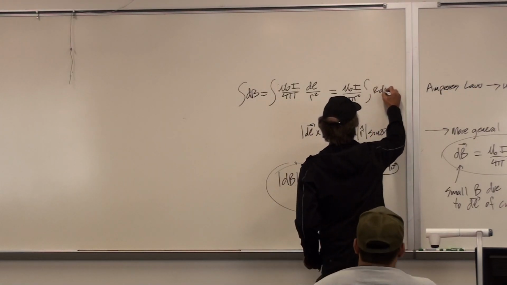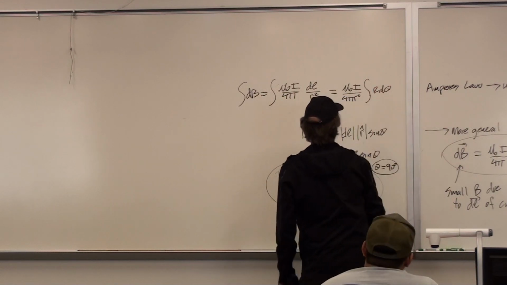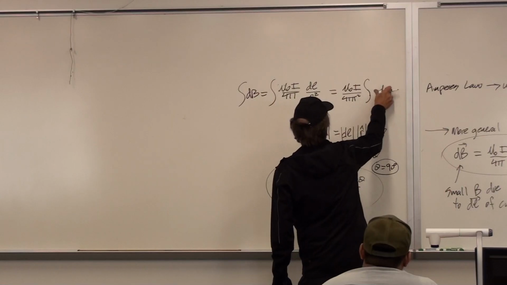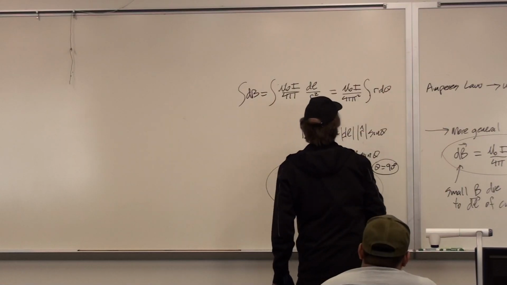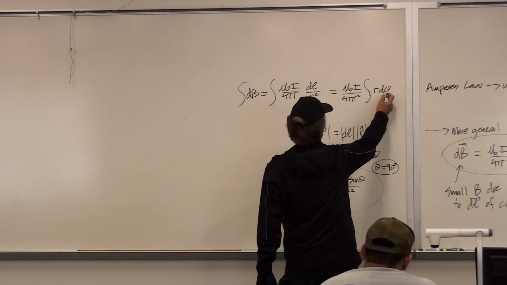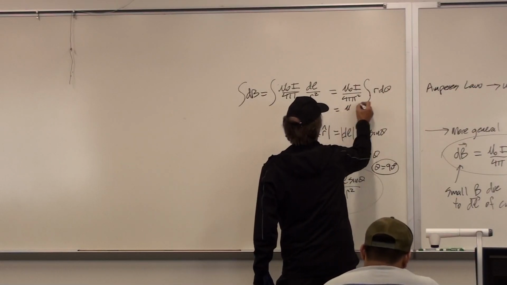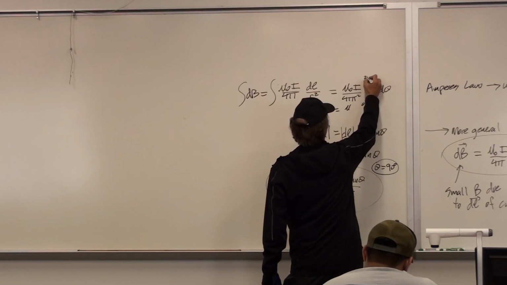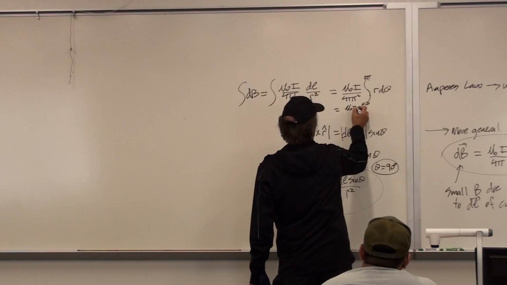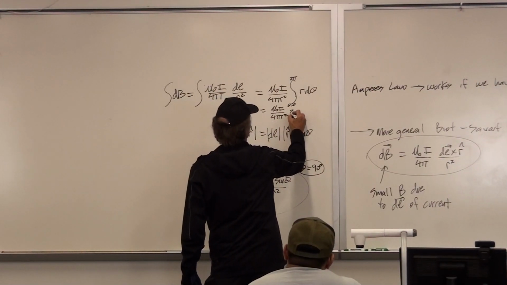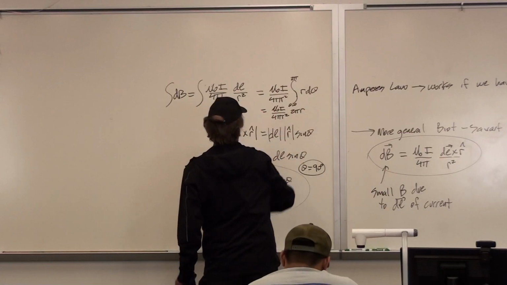Now, we can also write dl as r d theta. I was skipping this step before, but if you do it this way, then one factor of r is going to cancel, and you just have the integral of d theta, from theta equals 0 to theta equals 2 pi. Either way, it's mu 0 I over 4 pi r squared times 2 pi r.